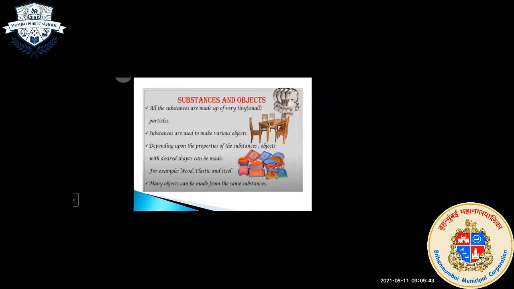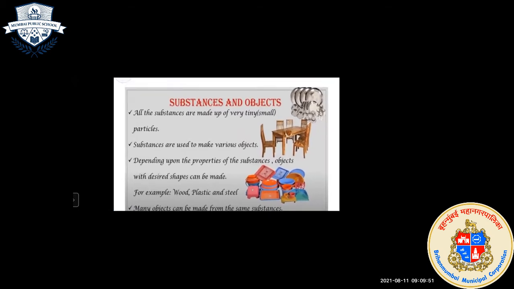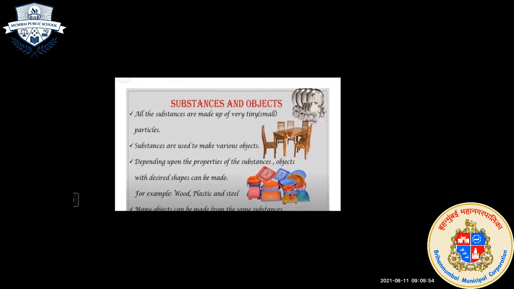For example, I can give you small pictures here. Can you see them on the screen? Here kitchen utensils are there. The substance used is steel, but the objects are plate, katori, small dishes, spoon. So these are objects. Please get the difference between substance and object. Another example: a chair is there, a table is there. So your substance is wood, but the objects are chair and table.